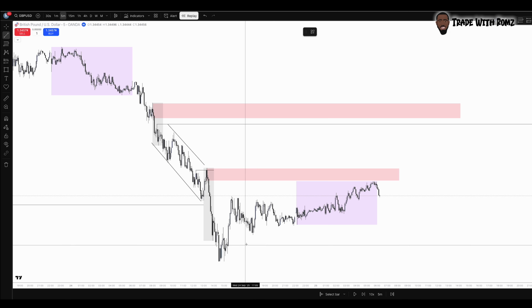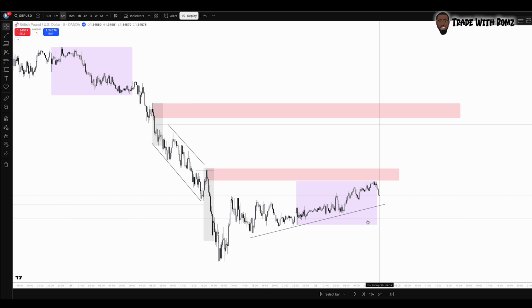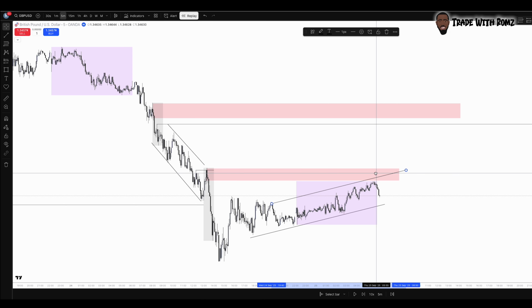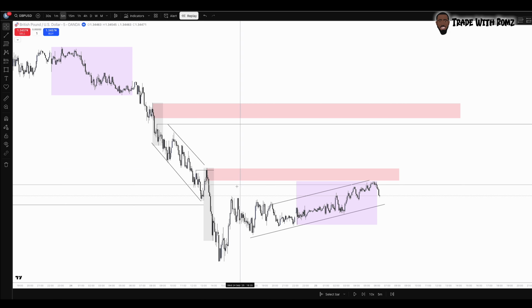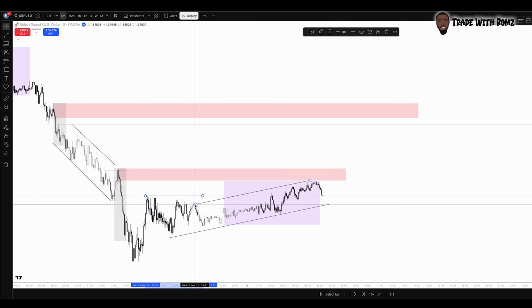I'm seeing a beautiful build up here as we approach it throughout the end of play the previous day and throughout Asia. So I'm like, okay, this build up is beautiful. I've got the build up. I've got my potential point of interest. Now I just want a bit more confirmation to see what price does throughout London. So let's see what price does. So yeah, that's my build up.